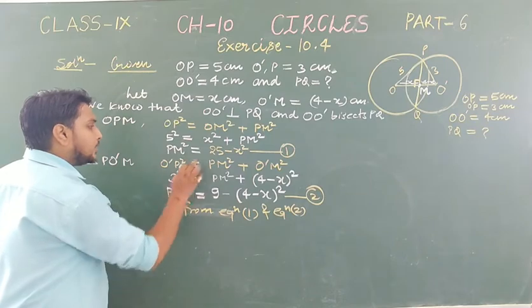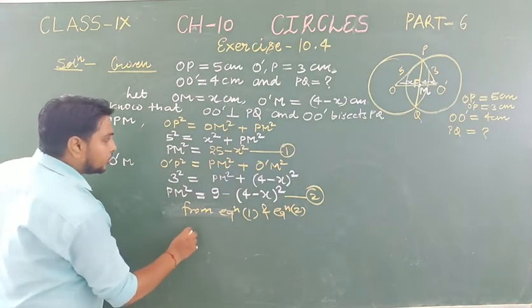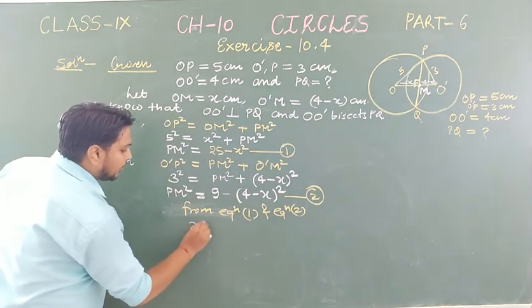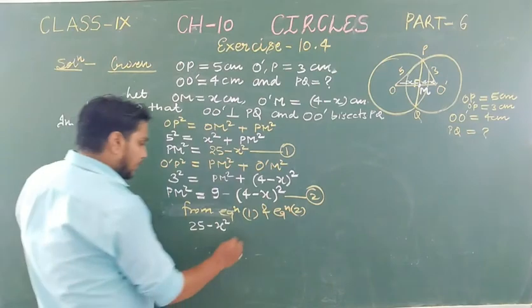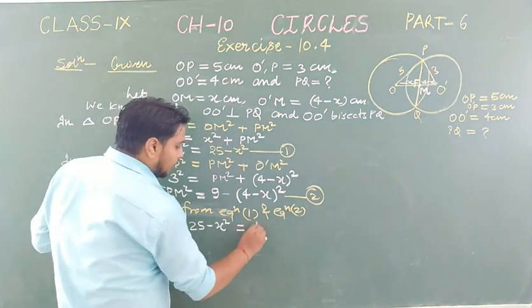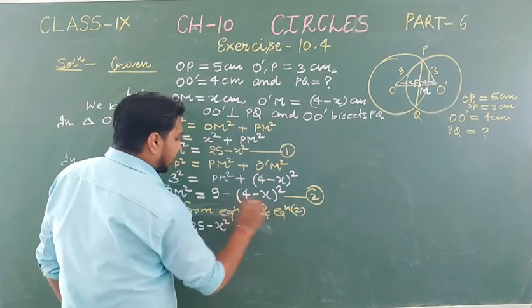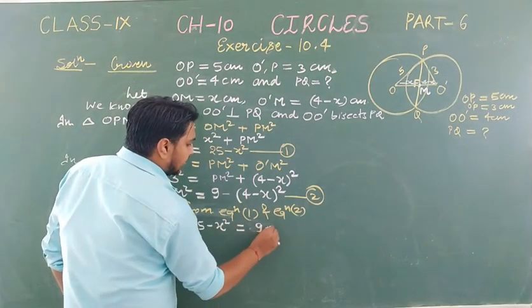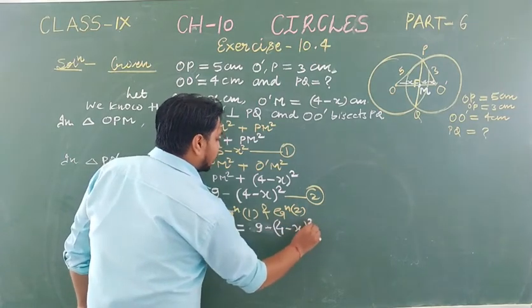So from equation 1 and equation 2, the left hand sides of both equations are equal, so their right hand sides should also be equal. So you will equate it as 25 minus x square is equal to 9 minus (4 minus x) whole square.